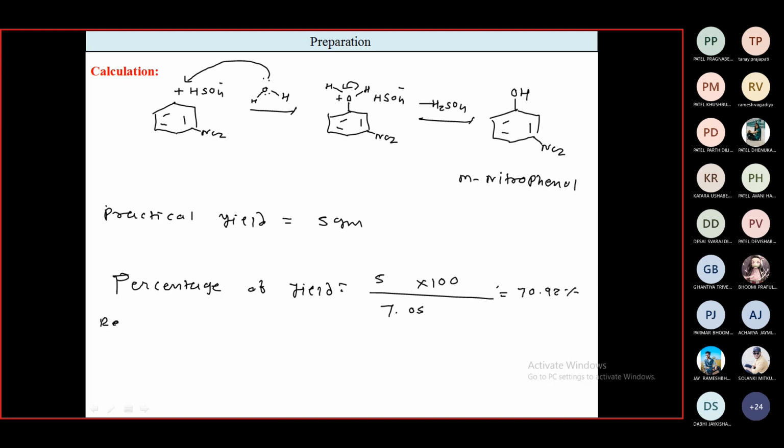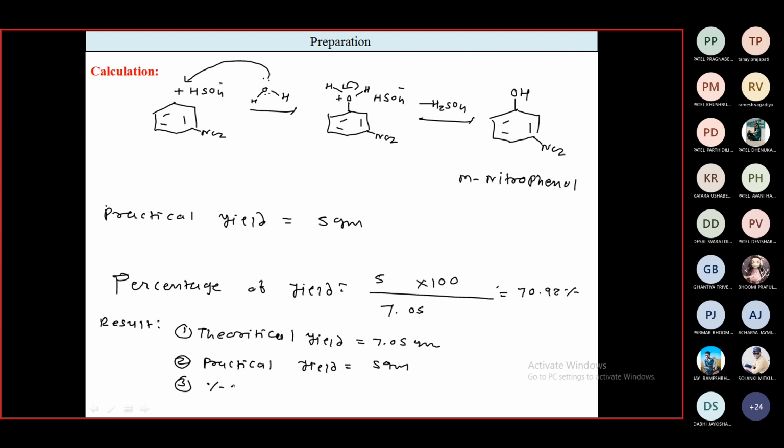So the result: theoretical yield is equal to 7.05 gram, practical yield is equal to 5 gram, percentage of yield is equal to 72.92%.